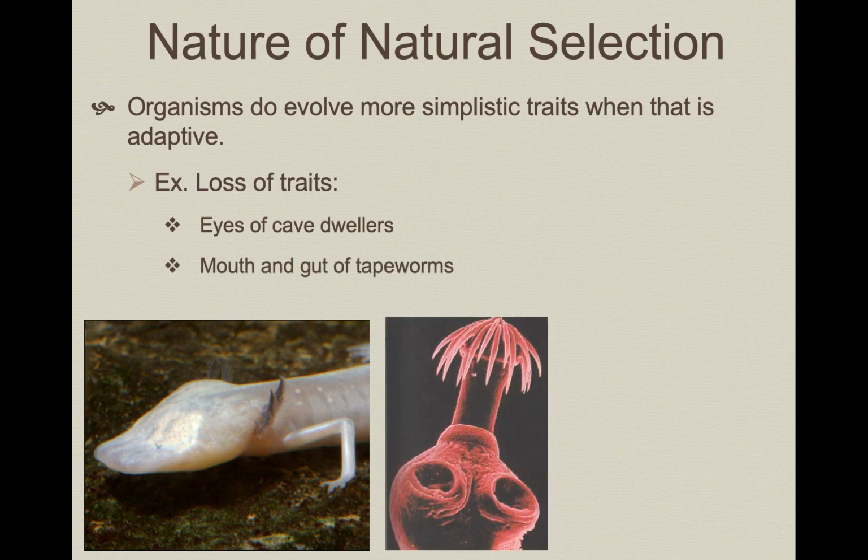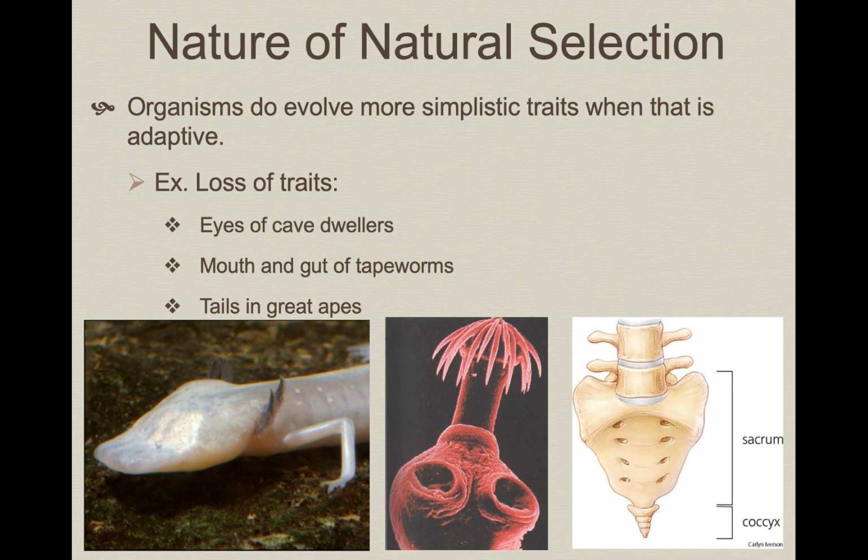Same thing for tapeworms. Tapeworms live in the digestive tracts of their host. They are derived from other worms that have a digestive tract, but they don't need it. They can just absorb their nutrition from their host since they're living in the digestive tract. So this simplification, the loss of the mouth and the loss of the gut, is adaptive for this species.